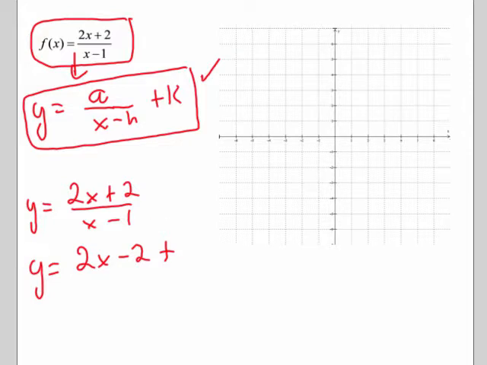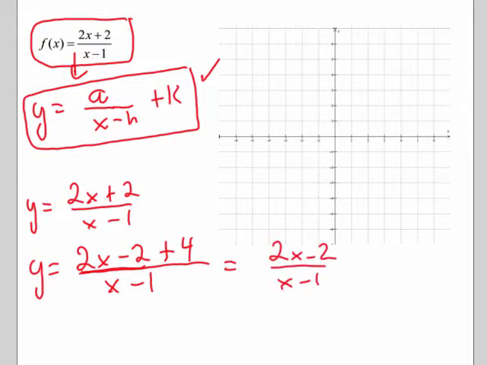And the reason I'm doing that is because if I factor out 2 here, I'm going to get x minus 1, which is going to cancel in the denominator later. But we'll get to that in a moment. Let's just start with this step. And then I'm going to break my equation into 2 parts: the part that's going to cancel with the x minus 1 and the part that is not going to cancel.